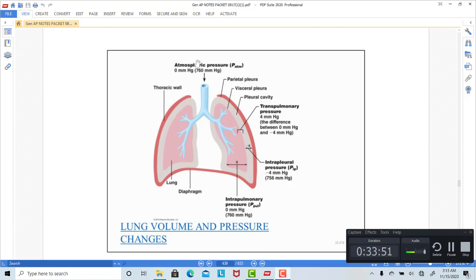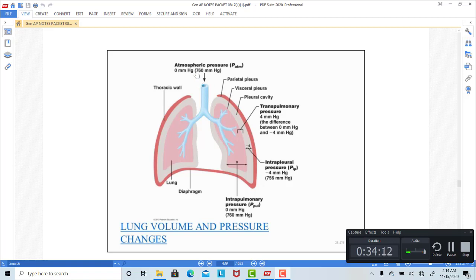So when we look at atmospheric pressure, we assume at sea level that's about 760 millimeters of mercury, and that will be higher outside the body compared to inside the body just prior to inhalation.